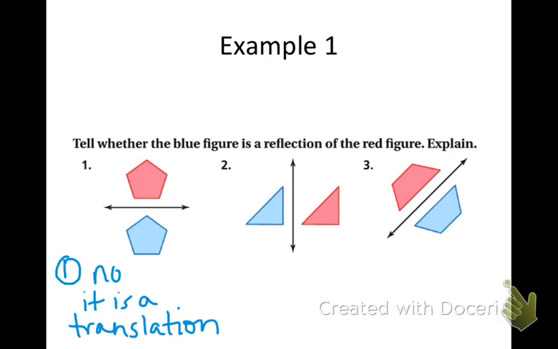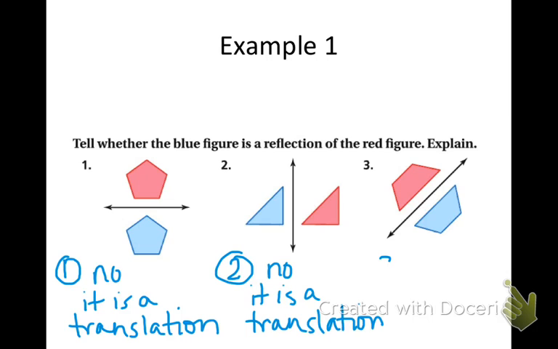So we're building our vocabulary of how we can describe these transformations. 2, is this a reflection? No, it is also a translation. How about 3? Yes, the red figure can be flipped to form the blue figure.